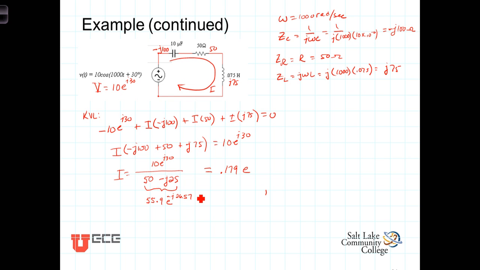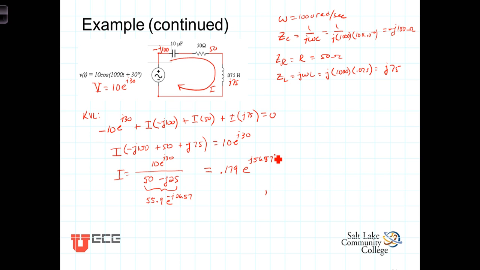We've already demonstrated that when dividing numbers involving exponents, it's the exponent of the numerator minus the exponent of the denominator. So it's j 30 minus a minus, that becomes plus 26.57. That gives us a positive j 56.57.